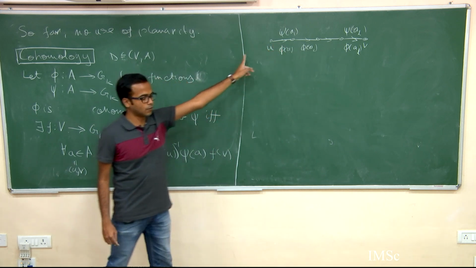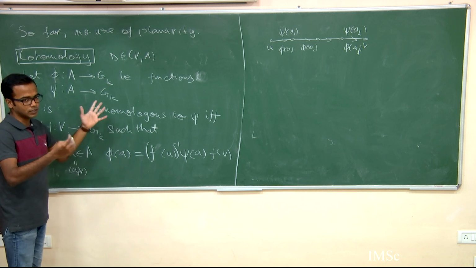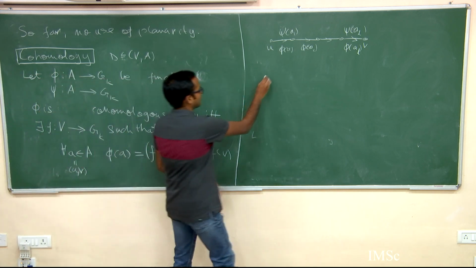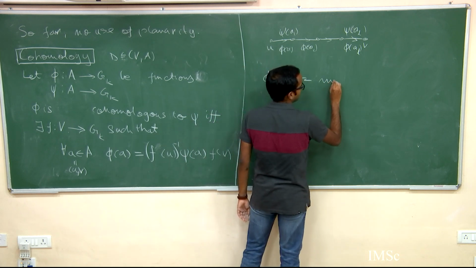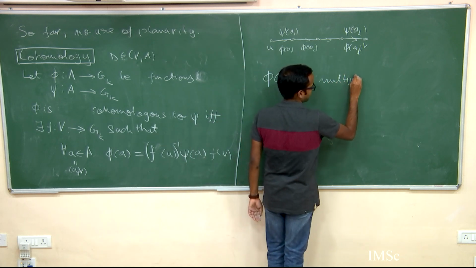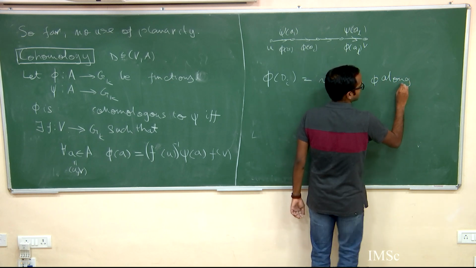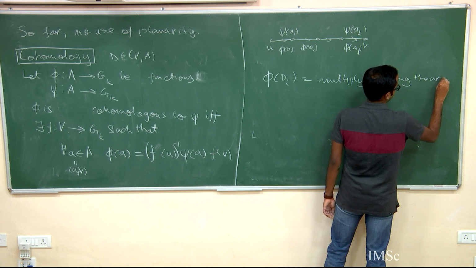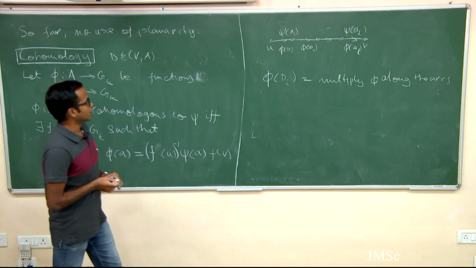Given any function on the arc set, you can extend it to paths, right? If you just multiply along the arcs you will get this.